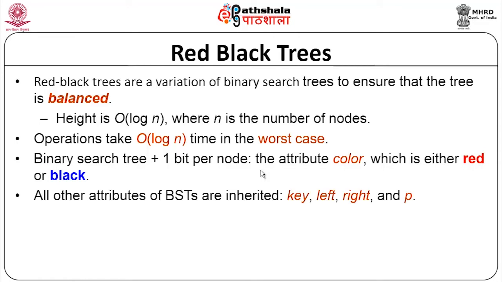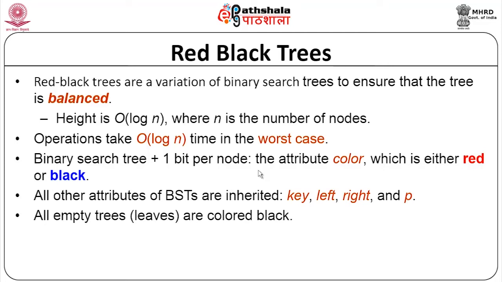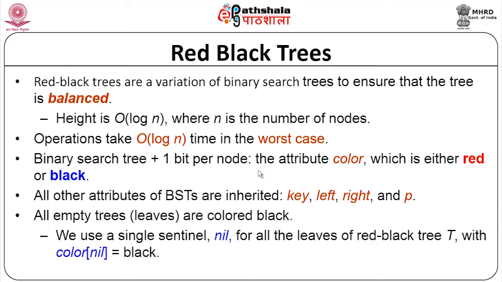And all other attributes of the binary search tree are inherited, that is, you will have a key, you will have a left, you will have a right, and you will have P, and all empty trees are colored black. Now, please note we are coming to the red black properties, the specific properties. One is that every node will be colored either red or black. So, it will have an attribute called color, and all other attributes of binary search trees are inherited. All empty trees, that is leaves, are colored black.